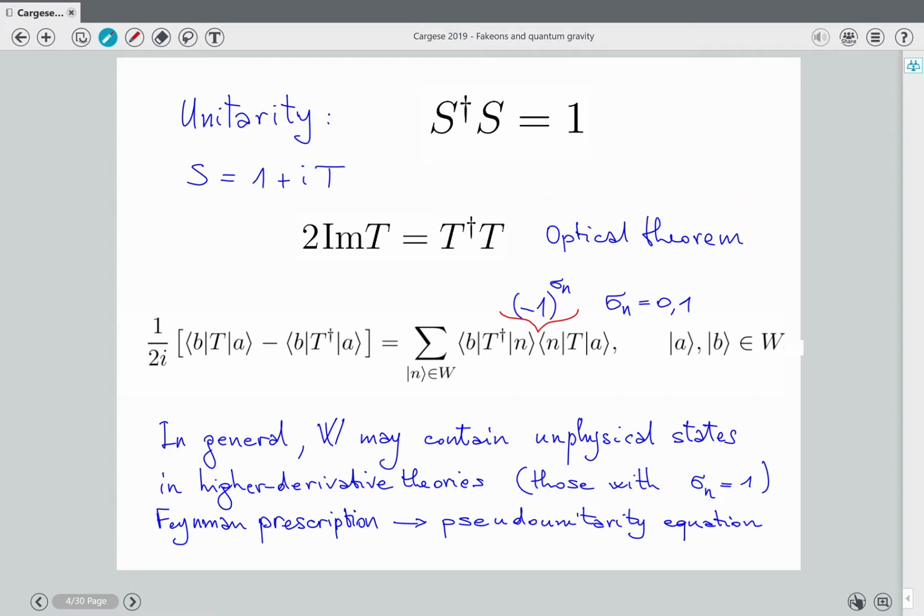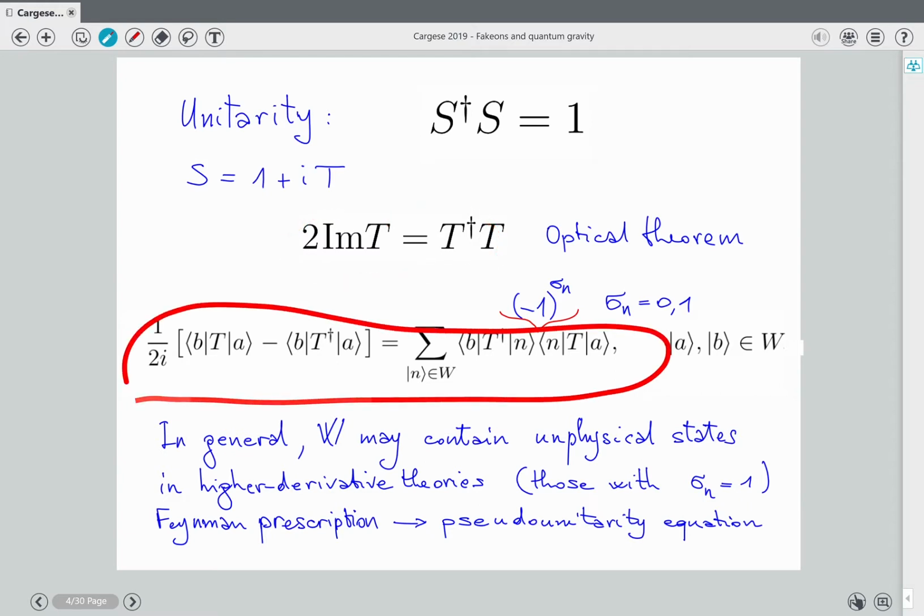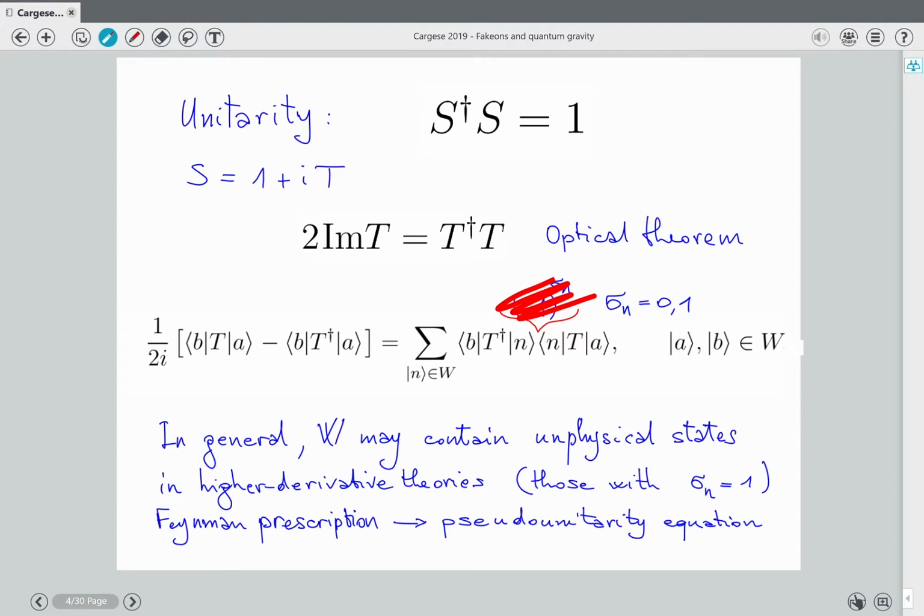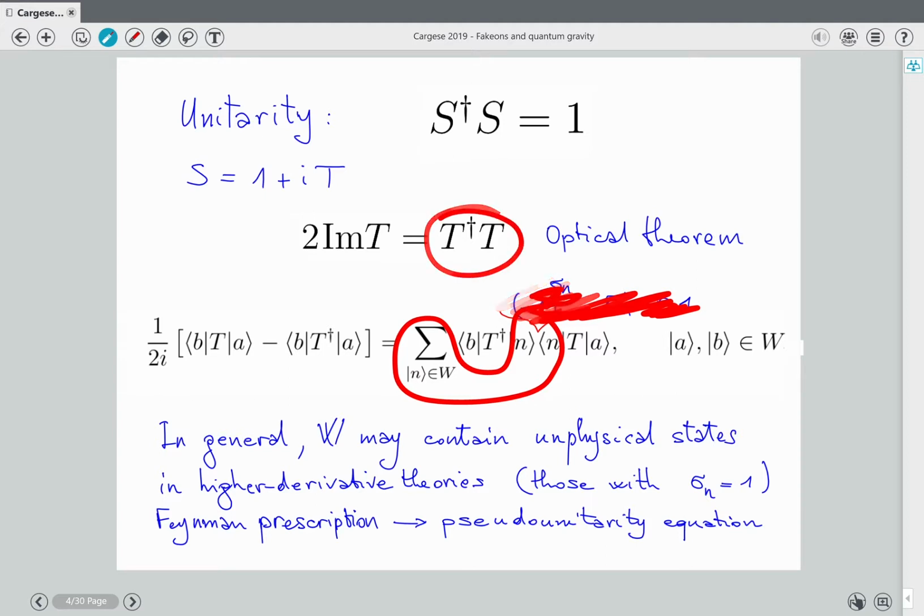If you use states from your Hilbert space, the same identity can be written in the form you find here, but for the moment, forget about this thing. So the form you find is this one, where you see I just inserted a completeness relation here that is 1, and so you get correctly T dagger T.